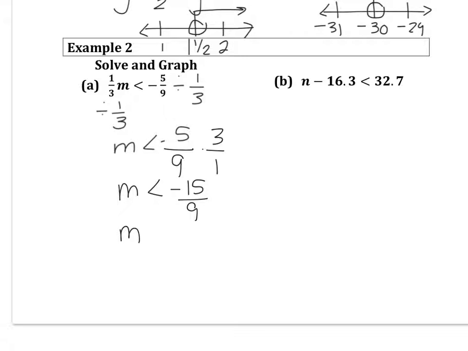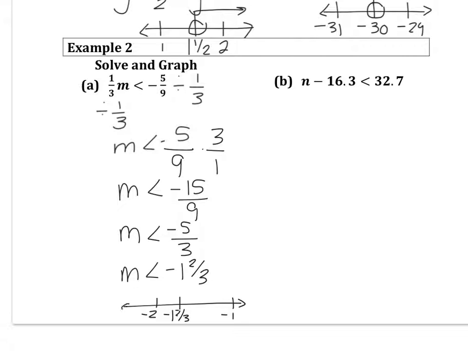I'm going to do some simplifying here. They're both divisible by 3, so negative 5/3. Depending on how your teacher likes his or her answer, you can write it as a mixed number, negative 1 2/3. Also, I'm going to put negative 1 2/3 on our number line, and I'm going to have it really close to negative 2, because it's closer to negative 2 than it is to negative 1, just to kind of show where that number would be in reality. It's going to have an open circle, and it's less than, so the arrow is going to the left.